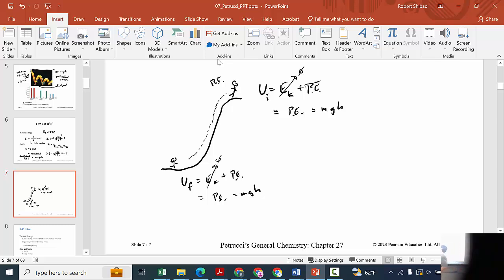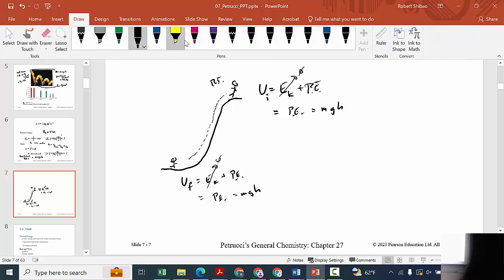But let's say you went down the slide and you didn't break any bones. Then what happened to all that energy? Friction. And then the friction leads to, you probably feel it in the seat of your pants, it leads to what? Heat. And so probably as you're sliding down this slide, you're losing energy as heat.